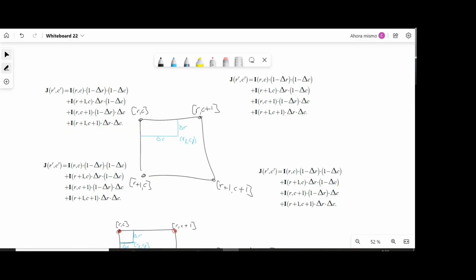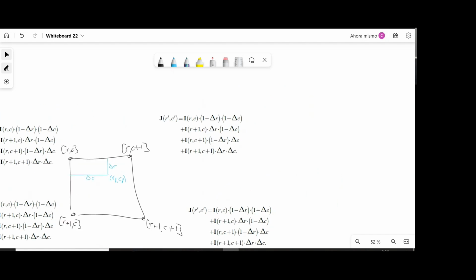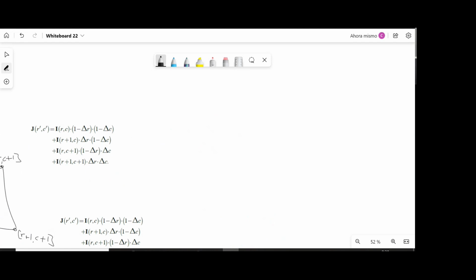Okay, so there is an interesting question. That is, how do I know which are the 4 pixels that I have to copy? Let's say that at some point you want to evaluate I at 29.7 and 7.2. So which are my 4 pixels?